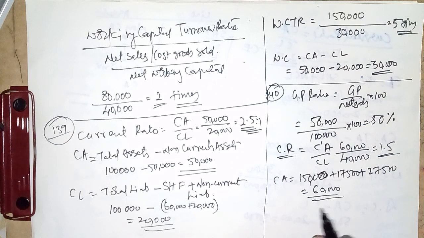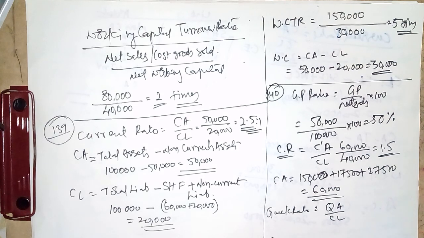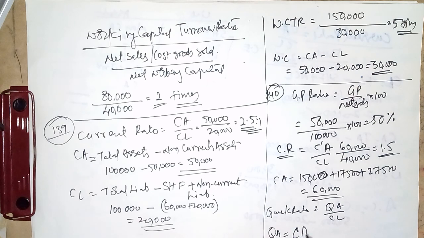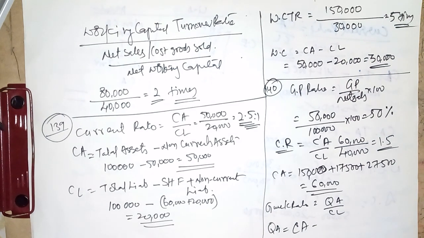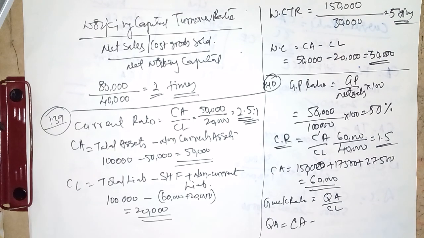And the next ratio is the quick ratio or acid test ratio. Quick ratio is quick assets by current liabilities. Quick assets is equal to current assets minus stock plus prepaid expenses.